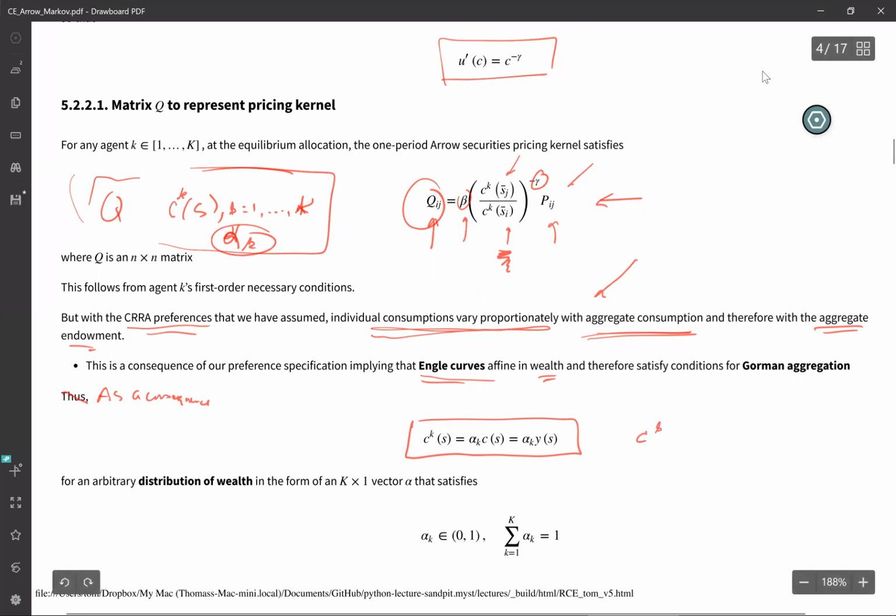It's going to be, in state s, just a constant alpha k that's not going to depend on the state, times the aggregate amount of endowment.